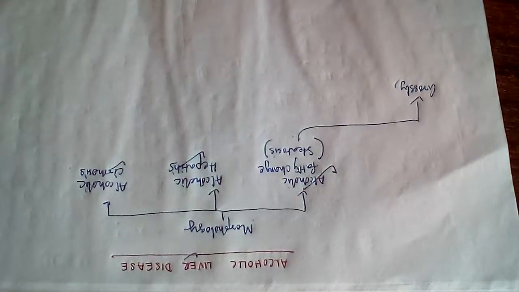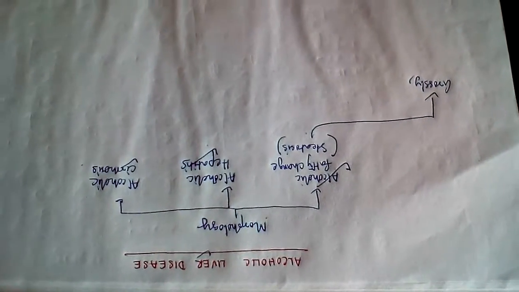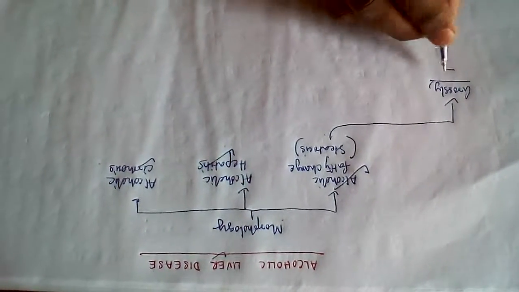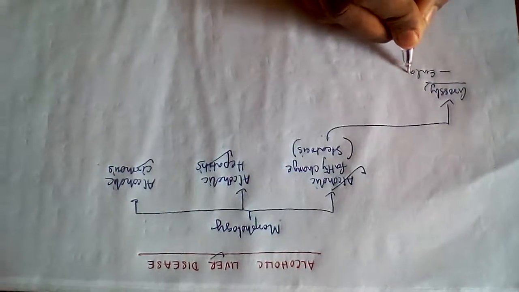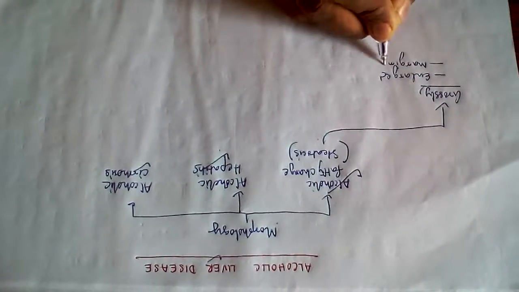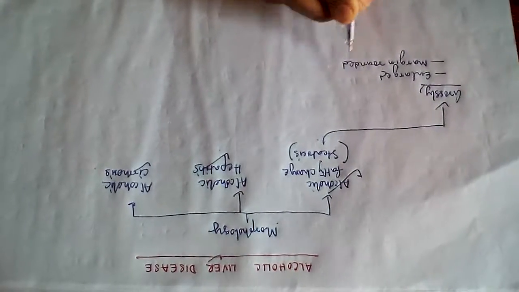and of course this has been discussed in the general pathology. Now what are the changes grossly in case of alcoholic liver disease? The margins become rounded and the liver is enlarged.